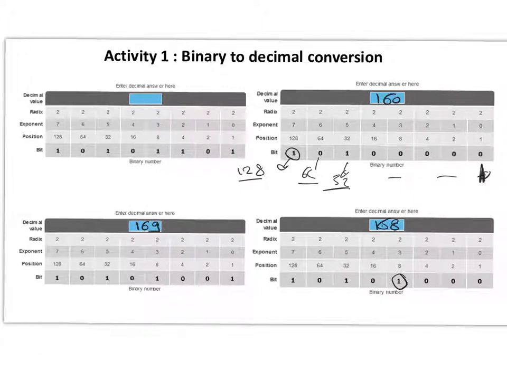No, this one is 169, because this one is just 0, right? So this one is 169. No, this one is different. From here to here, this one becomes 0 and this one becomes 1. Okay, so this one is 169. This one is plus 4 exactly, so it becomes 173. Okay.